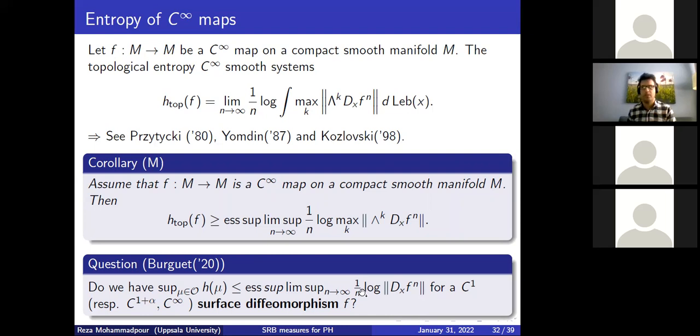Because in dimension more than 2 it is not true, they just ask for surface diffeomorphisms. Again, the supremum is over the space of observable measures.